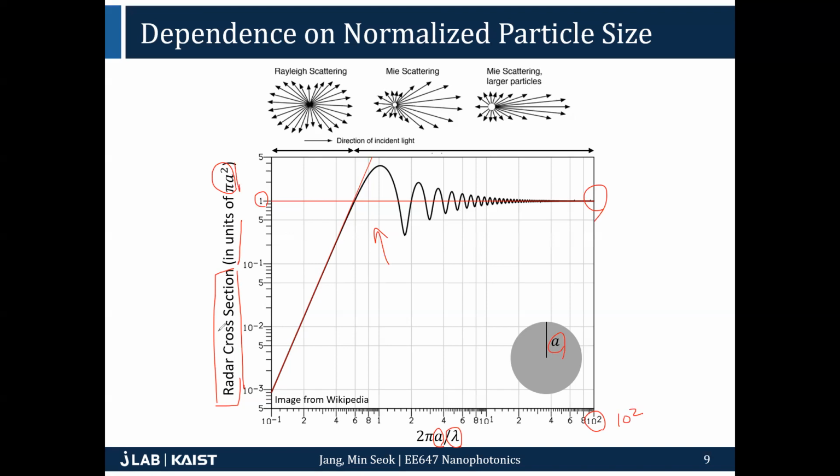And that's reasonable, right? If your particle size is much, much larger than lambda, then everything becomes classical, so that your radar cross-section and the physical cross-section must be the same, right?